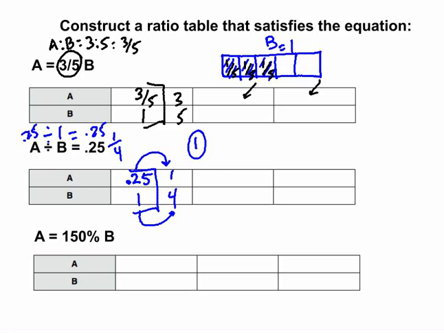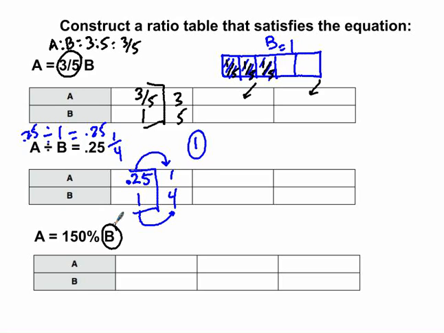For the last one, A equals 150% of B. So what this is saying is whatever B is, A is going to be 100% of that, and then even 50% more. It's going to be 150%, so A will be bigger than B. If you think about this, we talk about percents relating to a meter stick. If B was, let's say, 100 centimeters, a whole meter stick, and I said A is 150% of that, A would be 150 centimeters.